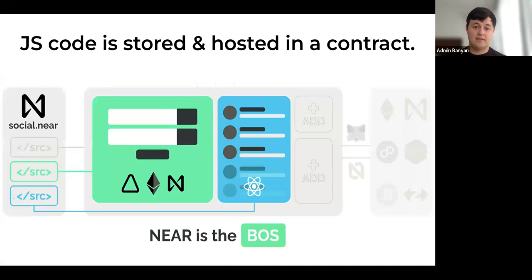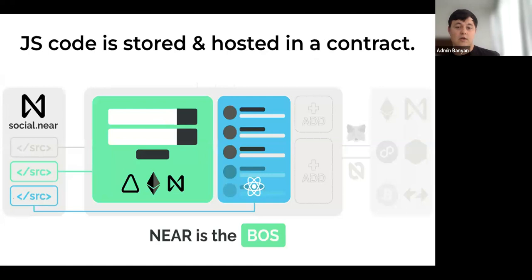So the JavaScript code, which is like React, if you're familiar with the framework, the most commonly used JavaScript front-end app development framework, this React style code is actually stored and hosted in a contract.